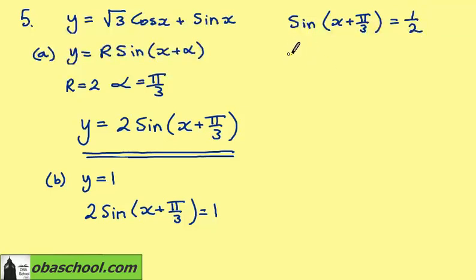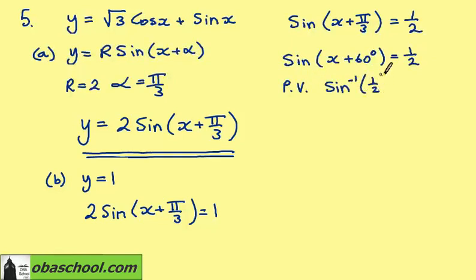Since we probably feel more comfortable using degrees, let's solve this as sine x plus 60 degrees equals a half. The principal value is going to be the inverse sine of a half, which is 30 degrees.